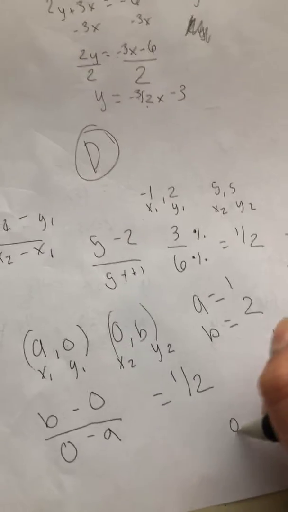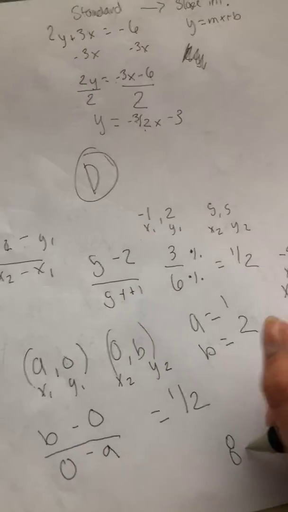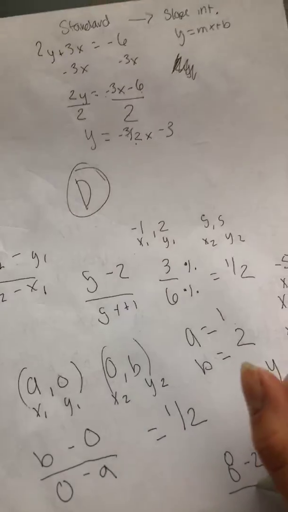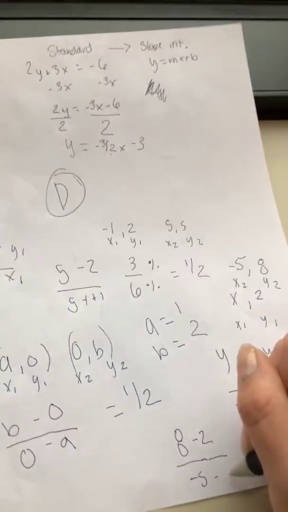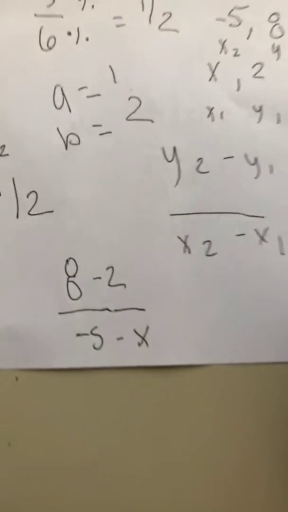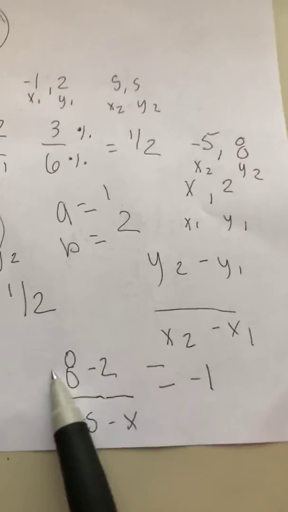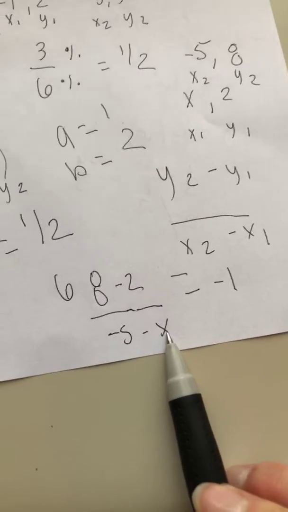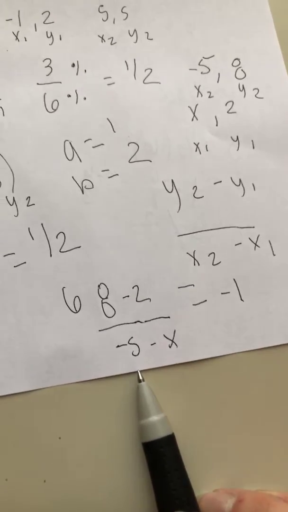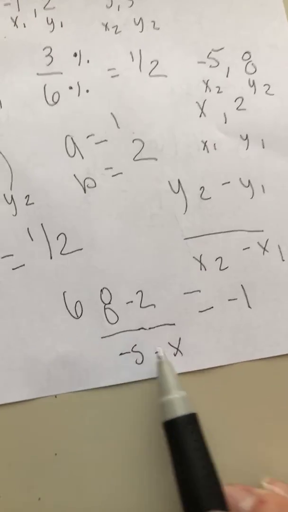So I have 8 minus 2 over my x2, which is negative 5 minus x. And I want this to equal -1 because that's what it tells me I want it to equal. So 8 minus 2 would be 6. So I know I want the bottom to be -6. So -5 minus x.